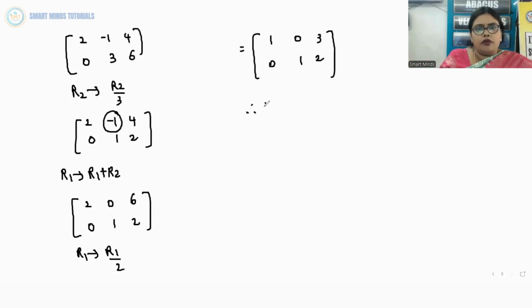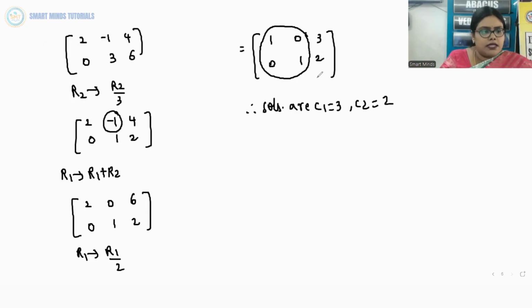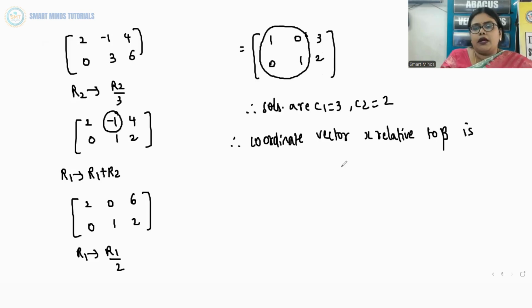Therefore, the solutions are C1 is equal to 3 and C2 is equal to 2. So this part we have to convert into identity matrix, and the remaining two elements will be C1 and C2. Understood? Therefore, the coordinate vector of x relative to beta, we denote it by x beta, is equal to 3, 2.